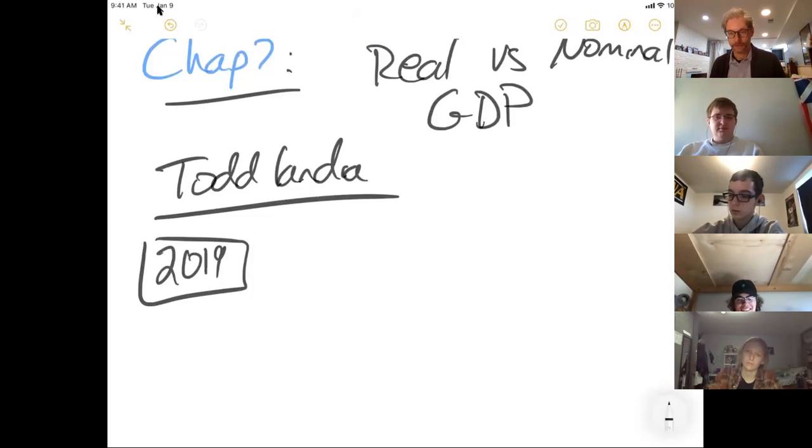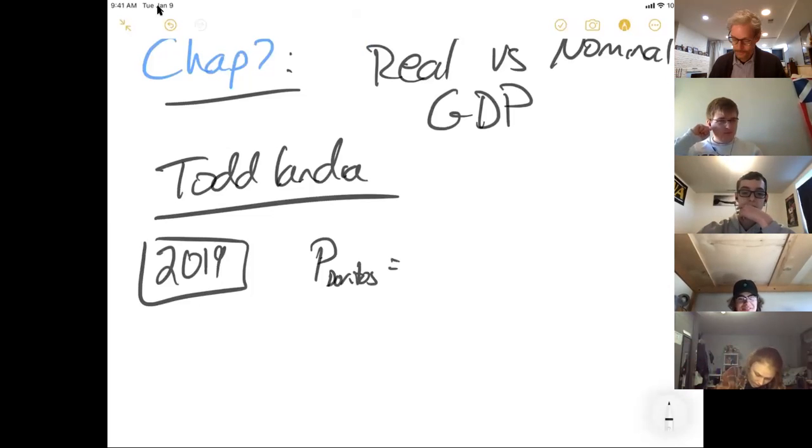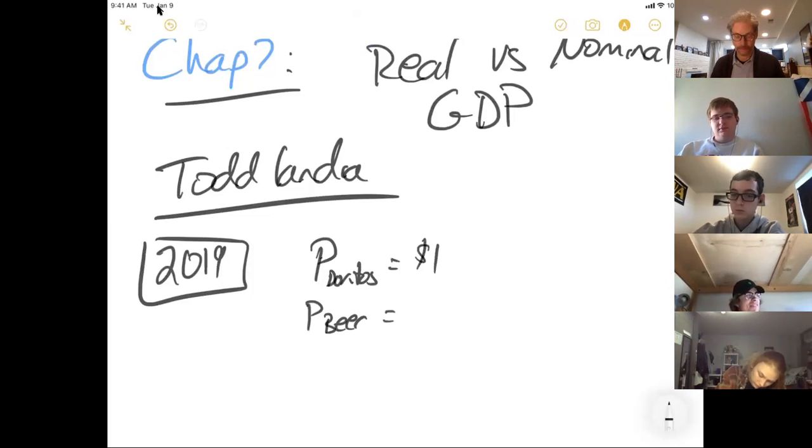So you go there, you do a little bit of investigation, and you find out that the price of Doritos in Thailandia is $1, and the price of beer is $2.